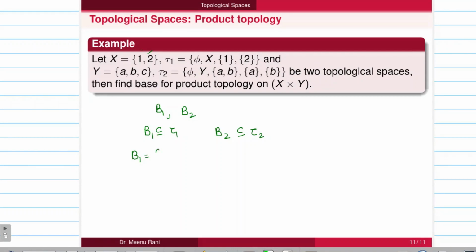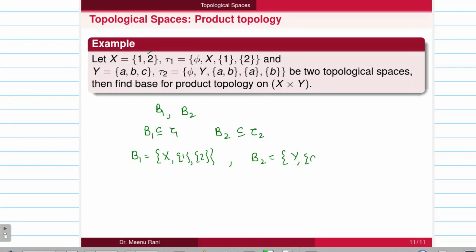So we will take care of this while constructing B1. So B1 is, here we can leave phi, we will take X here, {1} and {2}. This forms a basis for tau1. Now similarly we can find B2. We will take Y here. We can leave this {a, b}.